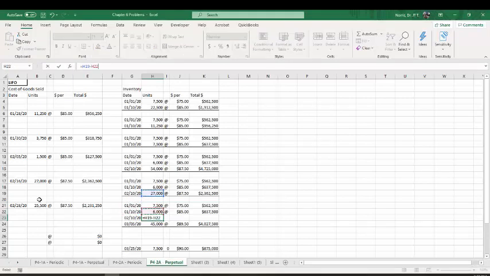We just sold 25,500, leaving us with 1,500.